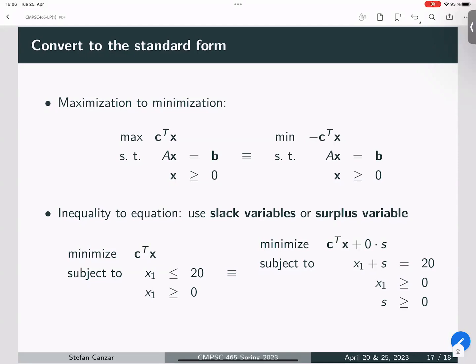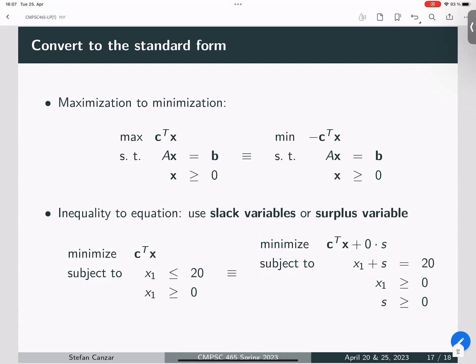And you can see that they're equivalent in the sense that whenever you have a solution here that satisfies x1 at most 20, then there exists a non-negative S such that x1 plus S is equal to 20. Right? So if x1 is, let's say, 16 in one of your solutions, it's feasible, then you can still keep x1 as 16 and you simply add 4 to S to fill it up to 20. And the score is, of course, the same because S is for free and you still have the same value of that solution.